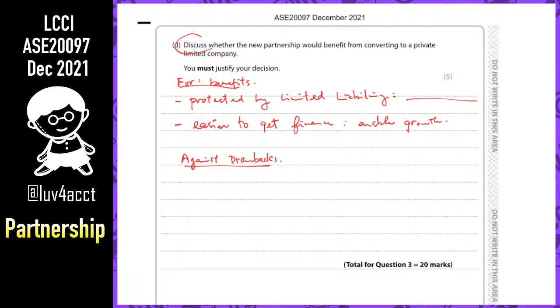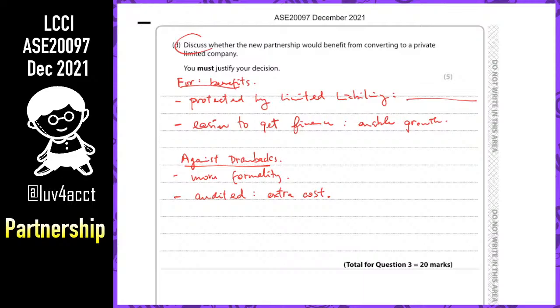But of course, there will be drawbacks. The drawbacks may be that there are more formalities, more difficult to create. You will have to be audited, so there will be extra cost.